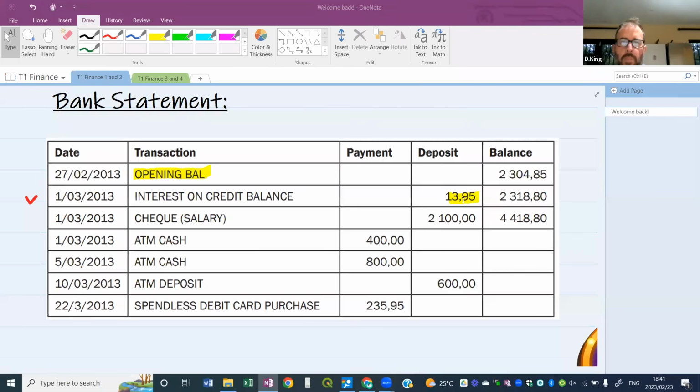How could we work out what percentage this 13 Rand 95 is of 2,304.85? Let me rephrase the question. Maybe this is a better way. Come on, Pabalo.